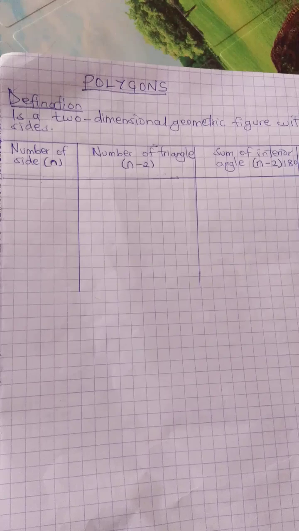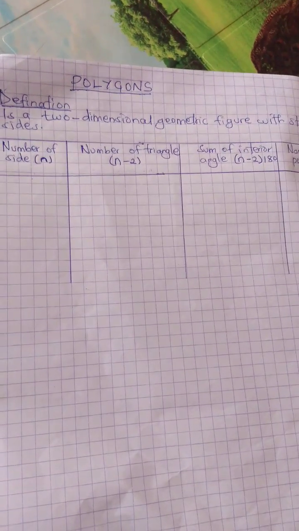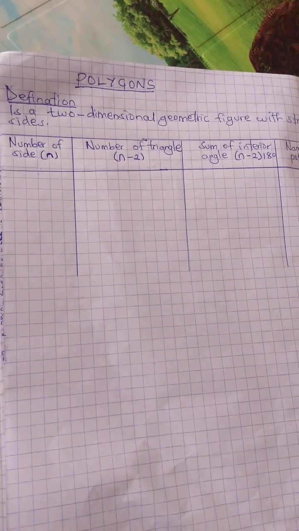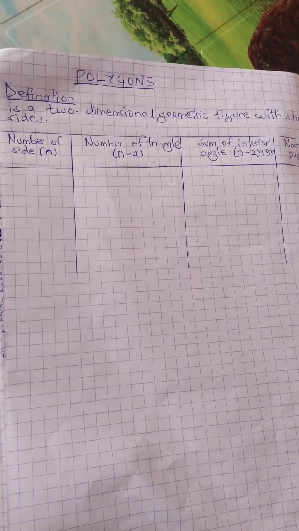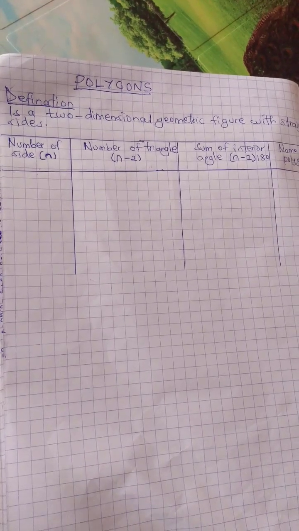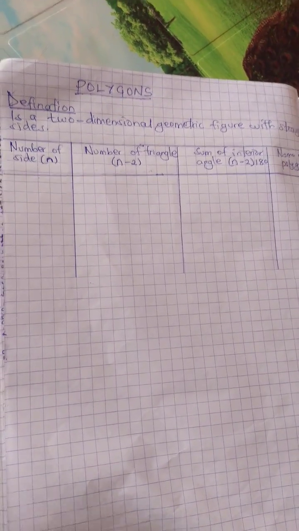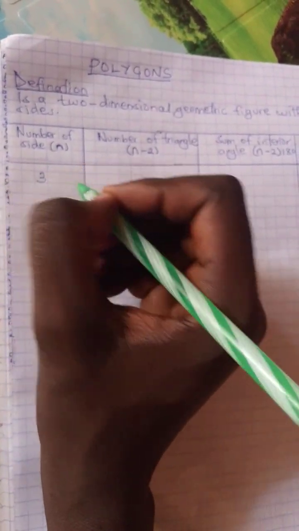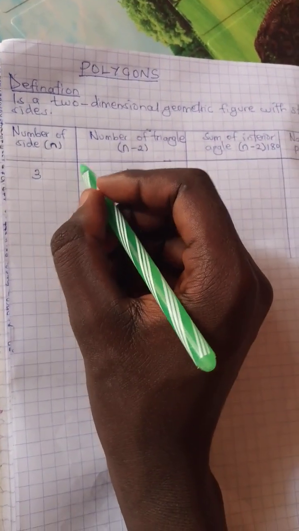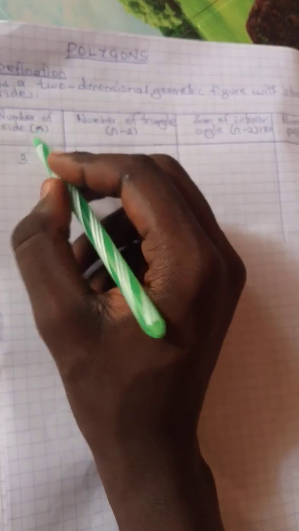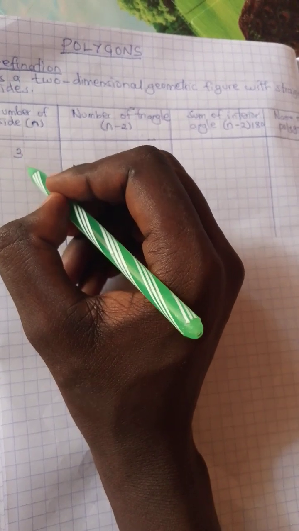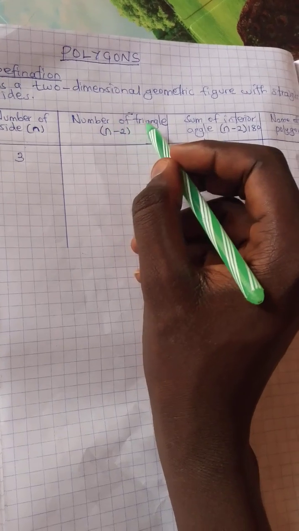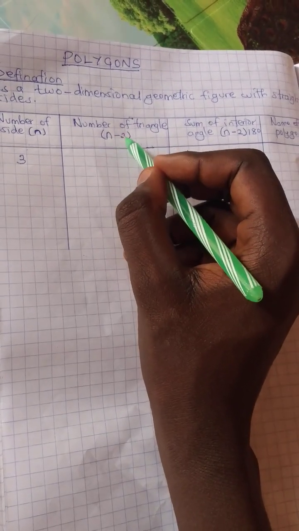Guys, according to our definition, a polygon is a two-dimensional geometric figure with straight sides. A polygon will have a minimum of three sides. So n is 3. We start with a three-sided figure, and the number of triangles is n minus 2.